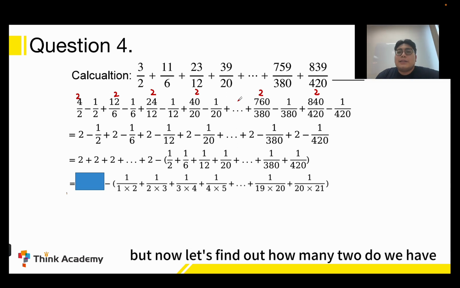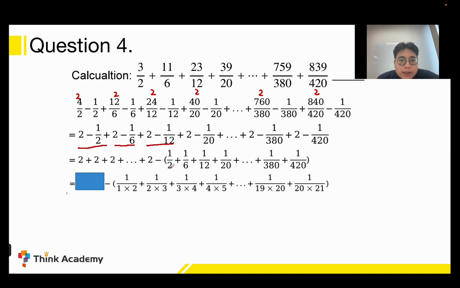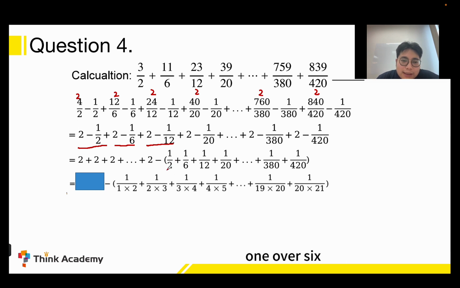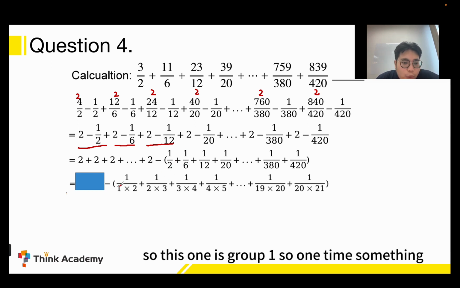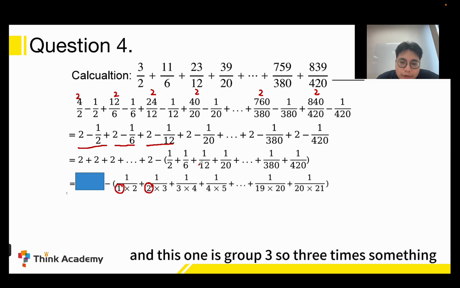But now let's find out how many 2s we have. How many 2s do we have? This one, 1 times 2, is a group. This one is the second group, third group. So each group we have a fraction: 1 over 2, 1 over 6. This one is group 1, so 1 times something. This one is group 2, so 2 times something. And this one is group 3, so 3 times something.